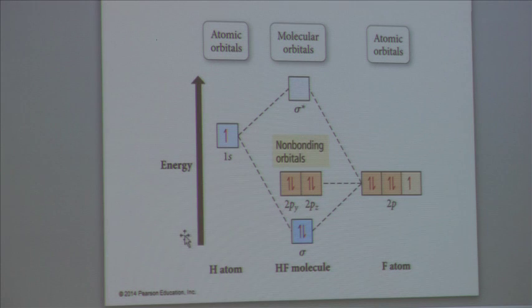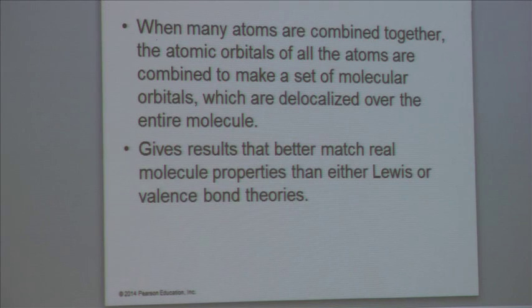Likewise for HF, we have 2 electrons in the bonding orbital, 1 from the hydrogen atom and 5 from F, and as we fill the molecular orbitals, we have the HF molecule.